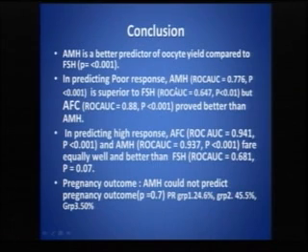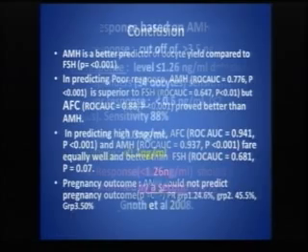In predicting poor response, AMH is superior to FSH, but not to AFC. And for high response, AFC and AMH are equally good. The pregnancy outcome, which we took as a secondary measure, we realized that AMH could not predict pregnancy outcome. The p-value was not significant.